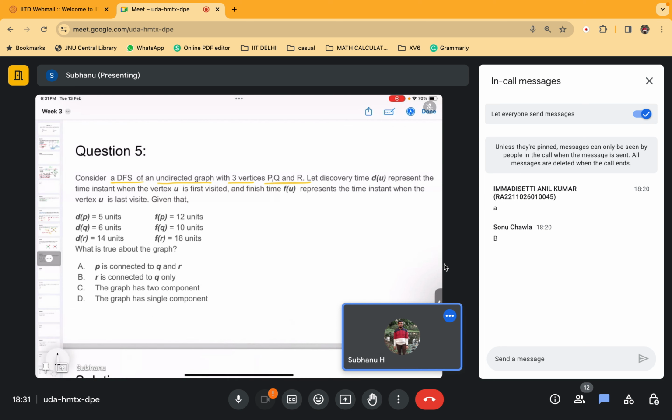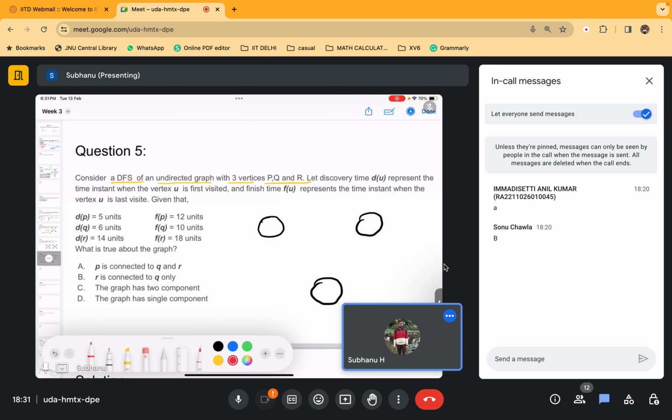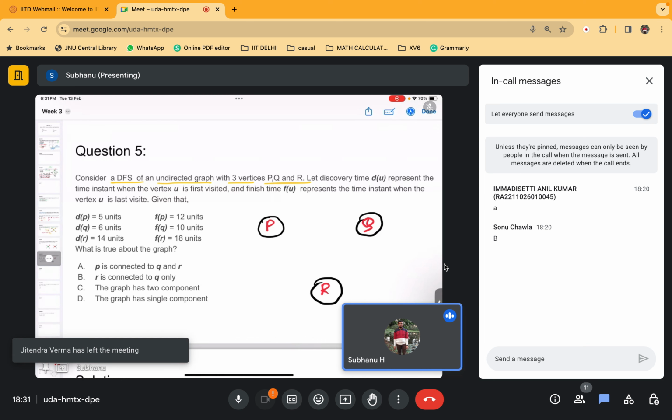So you have 3 nodes, which are basically node P, node Q, and node R. Now what it is saying is: let discovery time d(u) represent the time instant when the vertex u is first visited. So you will be traversing using the depth first search.